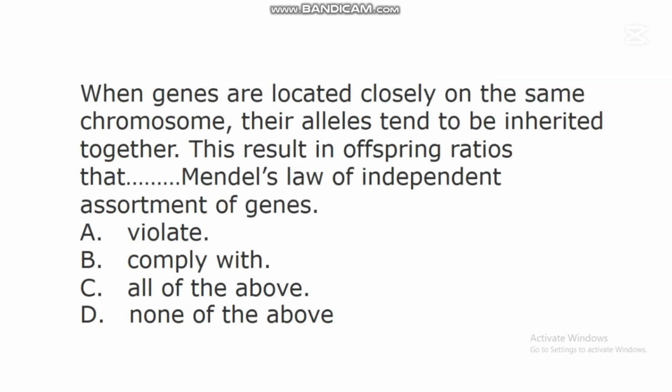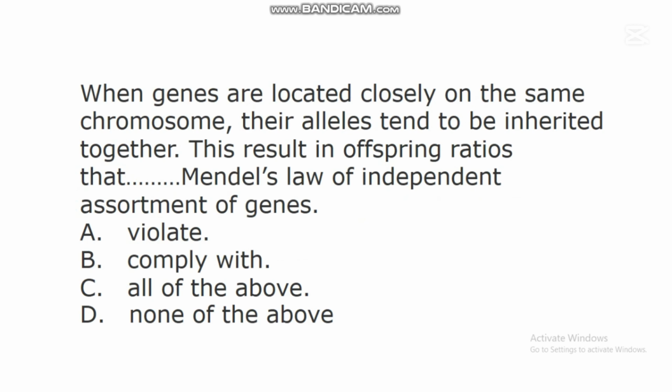The next question says, when genes are located closely on the same chromosome, their alleles tend to be inherited together. This results in offspring ratios that dash Mendel's law of independent assortment of genes. A. Violates Mendel's law of independent assortment of genes.